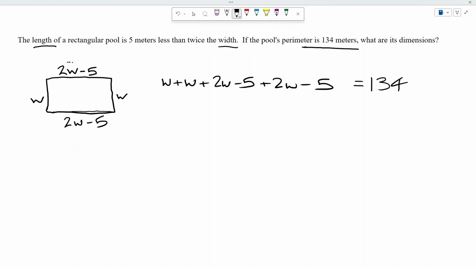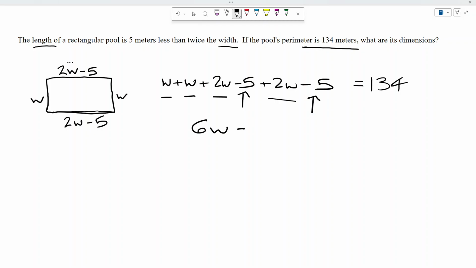So let's combine some like terms here. We have 1W, 2W, 4W, and 6W, so we have 6W, and then we have minus 5, so we have -5, -5, -5, -5.